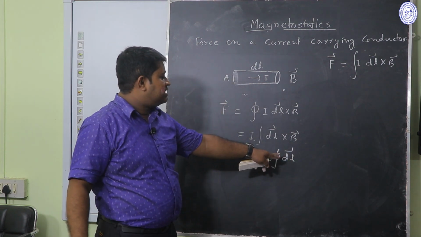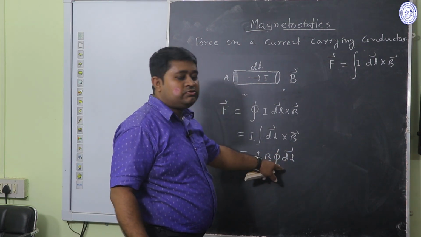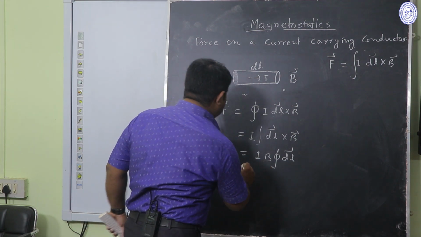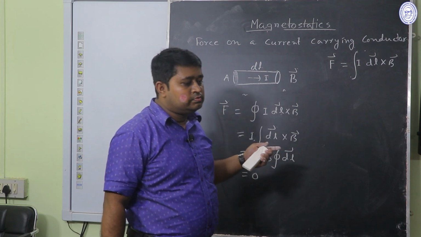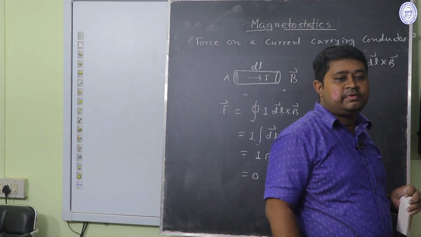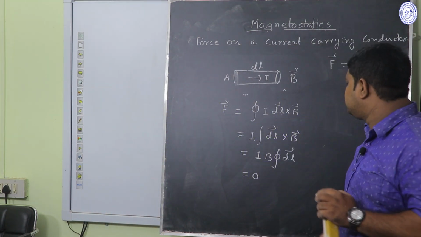Since the closed integral of dl is equal to 0, the force is equal to 0. So, the force acting on a closed loop placed in a uniform magnetic field is equal to 0.